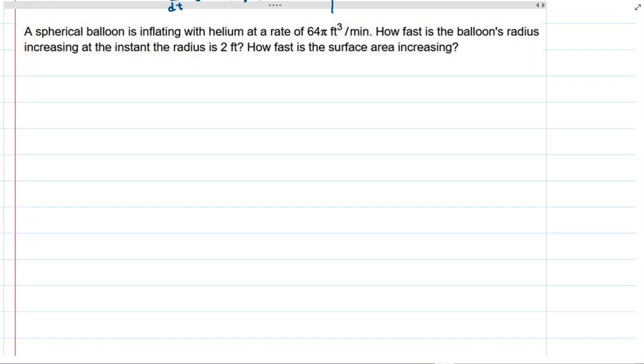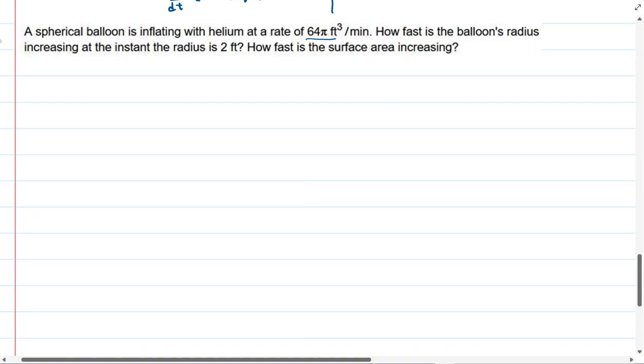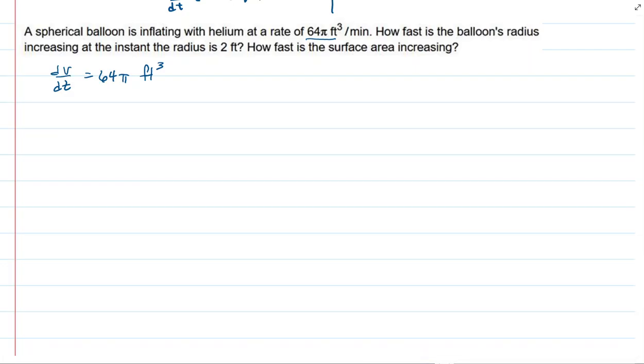Inflating at a rate of 64 pi feet cubed. So this is what dV/dt is, 64 pi feet cubed, because we can only have feet cubed in volume, right? Okay.